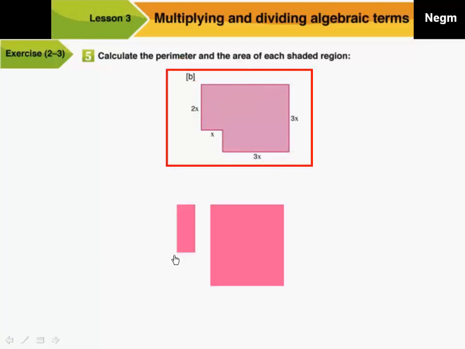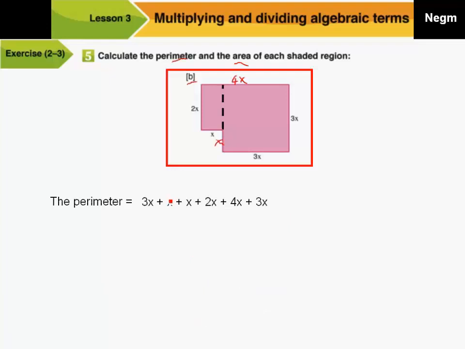So the perimeter is equal to 3x plus x plus x plus 2x plus 4x plus 3x.